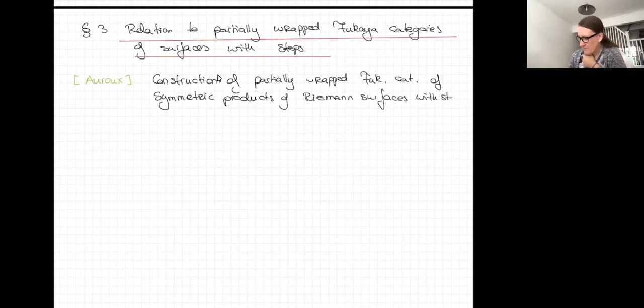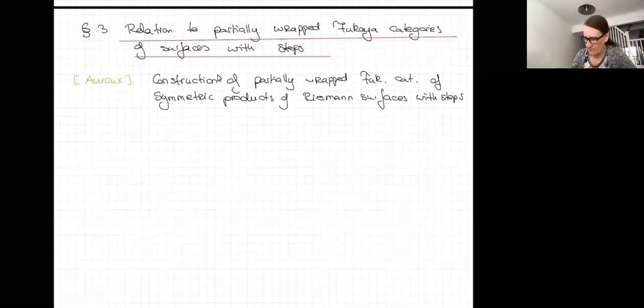And I believe that Gustavo Hasso in his talk is going to give an algebraic description of these partially wrapped Fukaya categories.